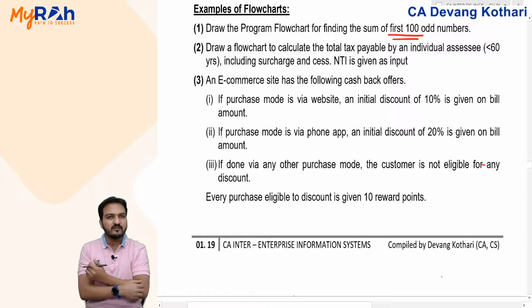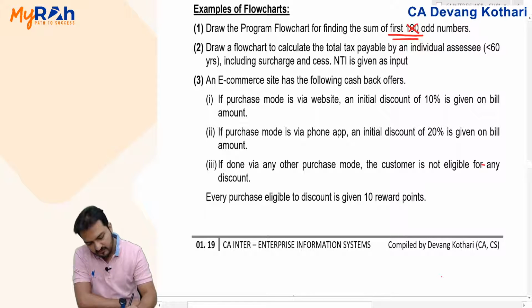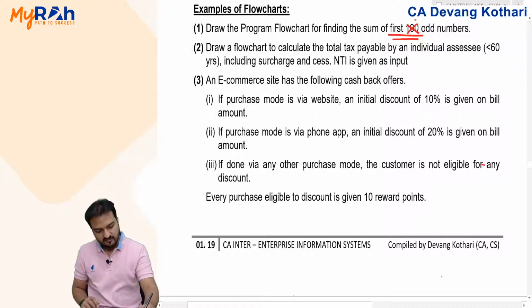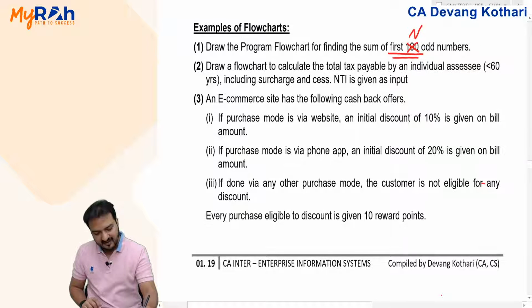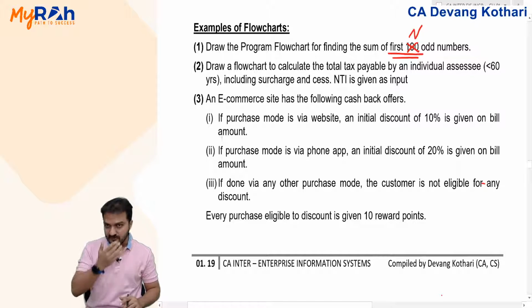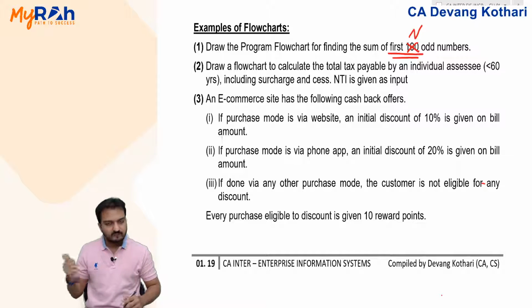But if you remember, later I converted that question and said that I want the summation of first n odd numbers, where n is a number given by the user. So the user can make summation of any amount of odd numbers as he wants because of this flowchart.